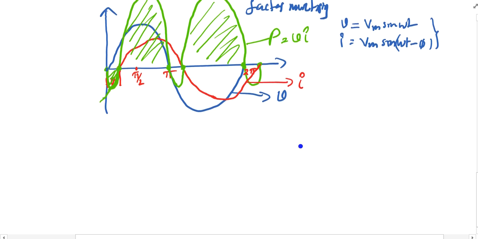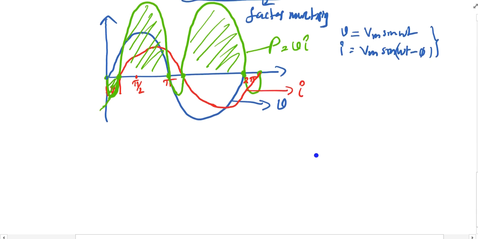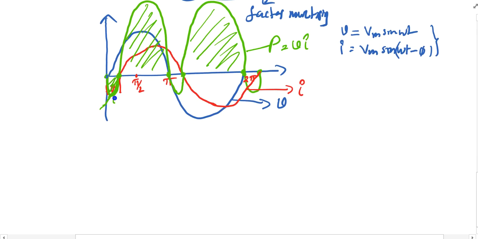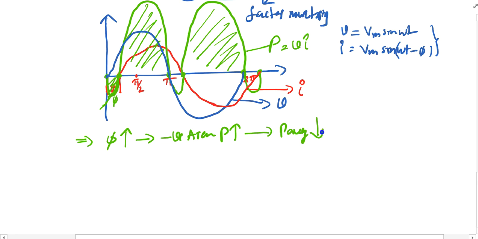So what we observed from this diagram is, suppose this is my phi. If I increase the phi angle, the negative area of this power is going to increase. Therefore my average power is going to decrease.